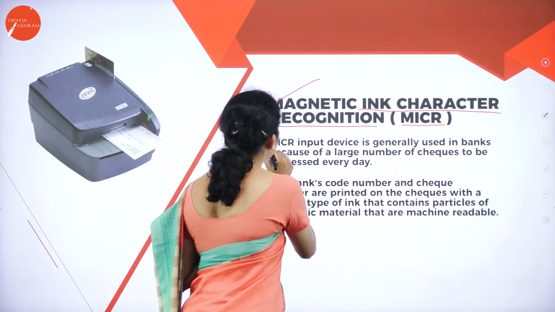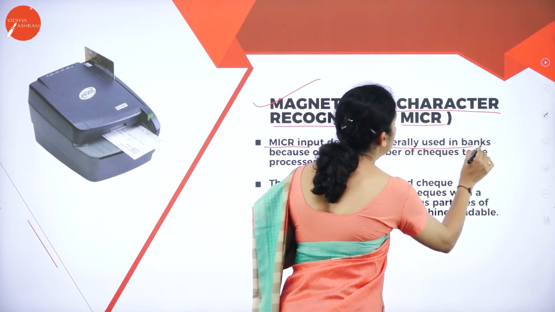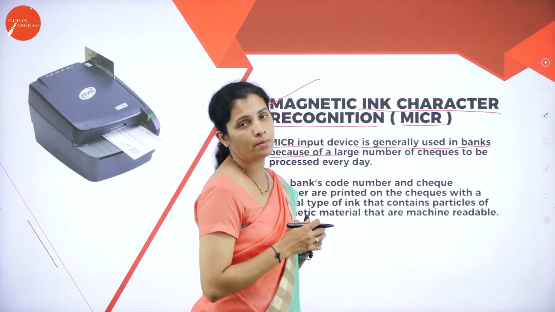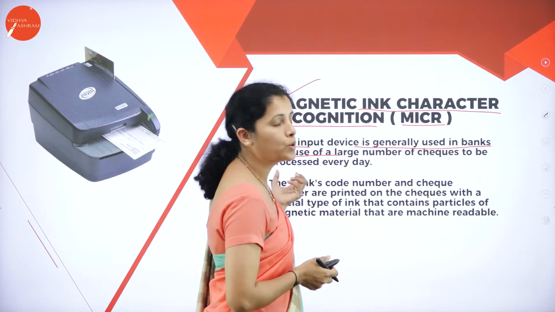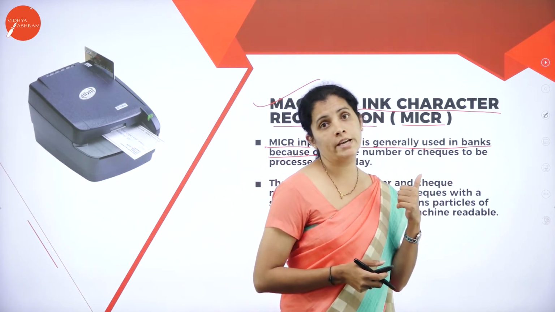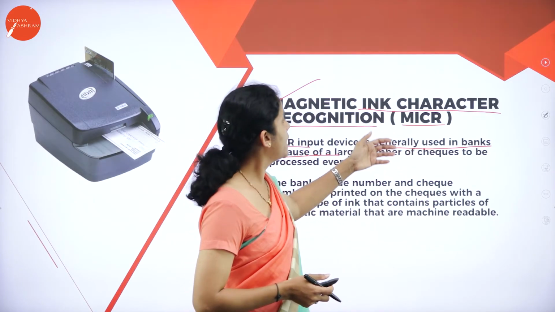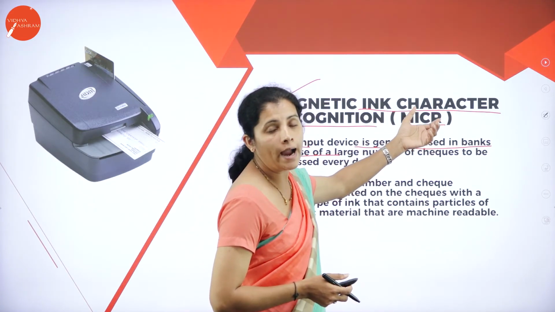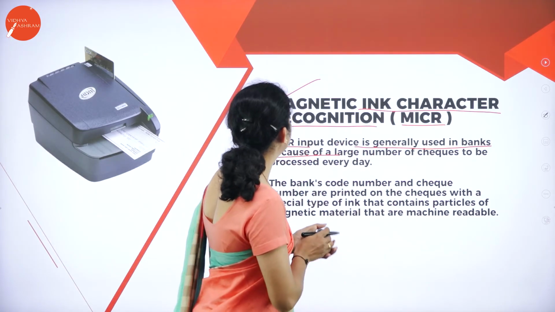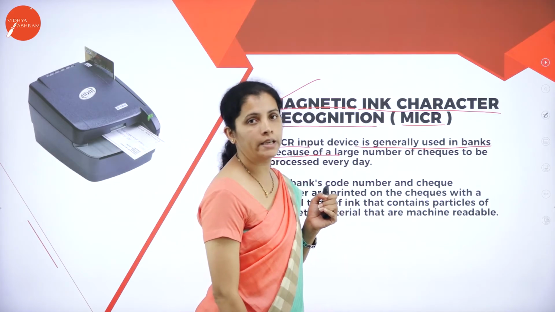MICR input device is generally used in banks because of the large number of checks to be processed every day. In order to process checks every day, most banks use MICR, and whatever check number we have is written using magnetic ink.